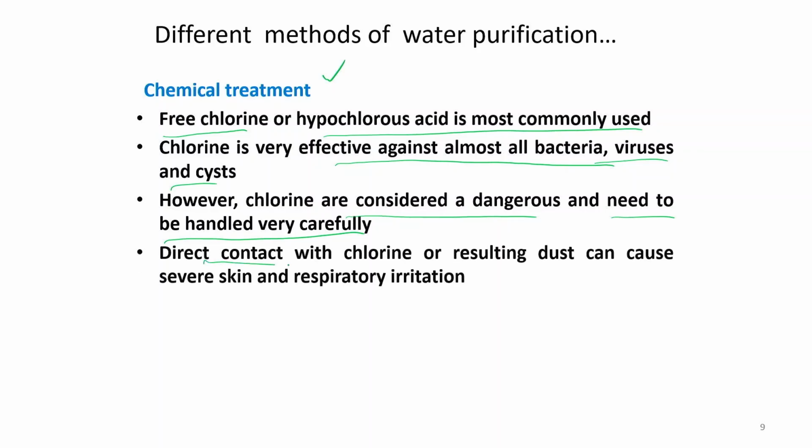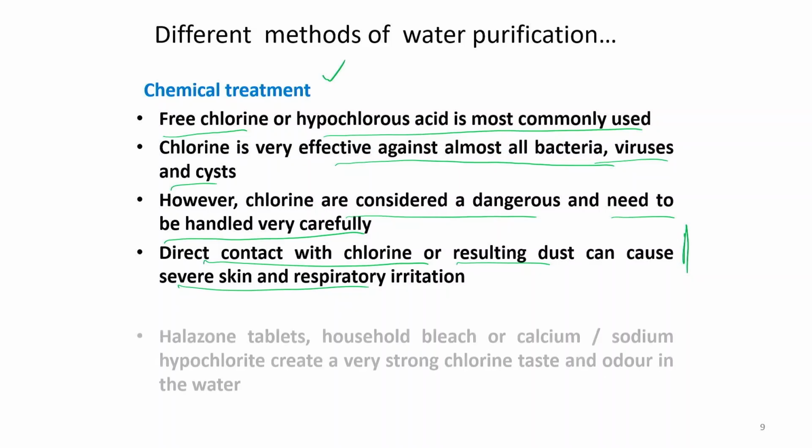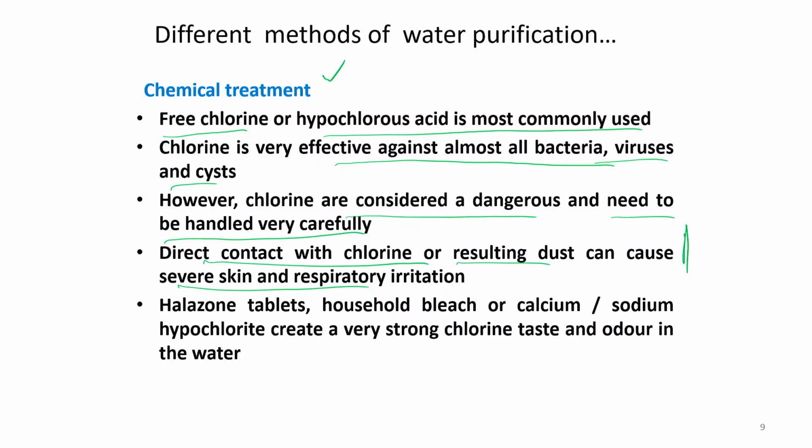So, direct contact with chlorine can cause severe skin and respiratory irritation. So, while using chlorine we must be very careful. Sometimes we give halogen tablets or household bleach, or calcium or sodium hypochlorite, this type of chemicals we use, to create a strong chlorine taste.